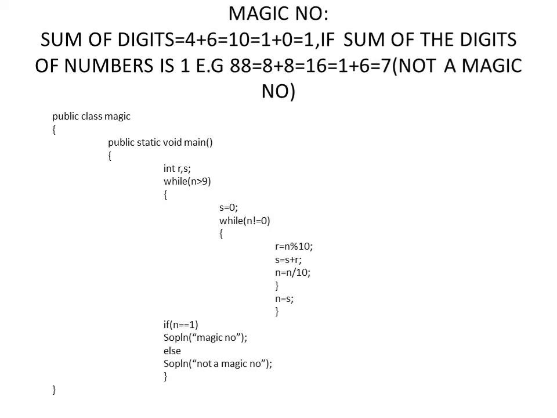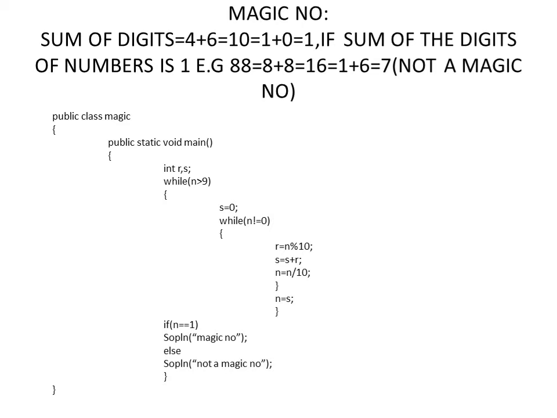Now let's focus on the program writing of the magic number. Program writing of the magic number consists of declaring the class. We declare our class by writing public class magic. Magic is the class name. After writing the class name, we will open a brace. After that, we will write the method line statement.